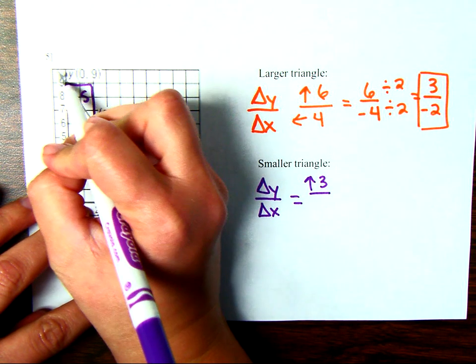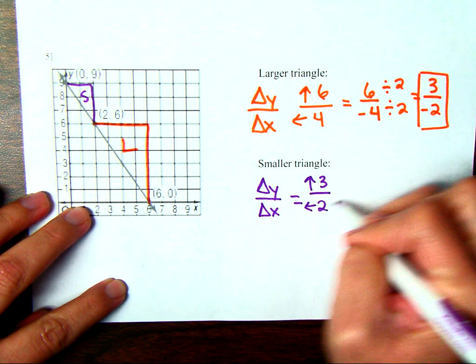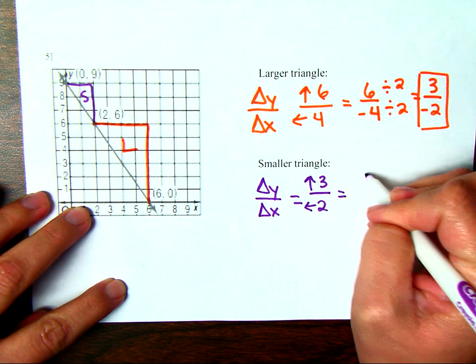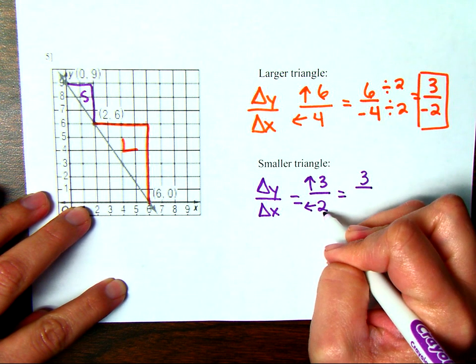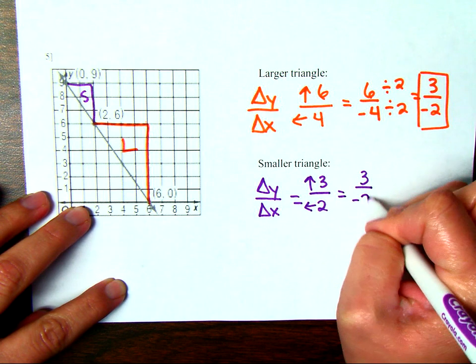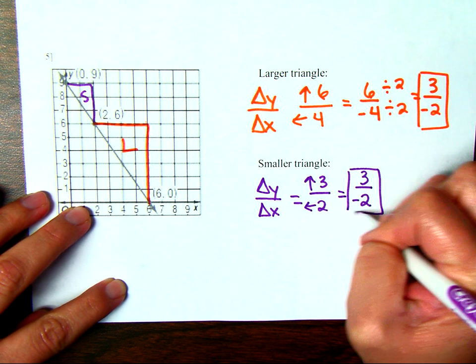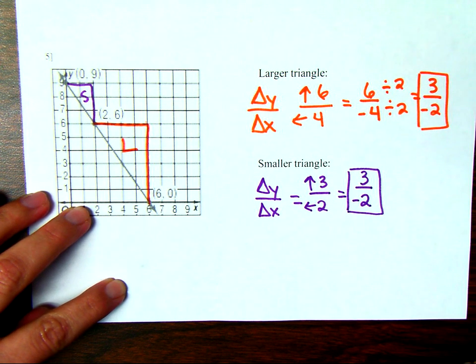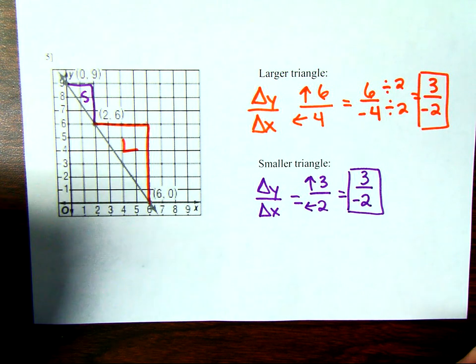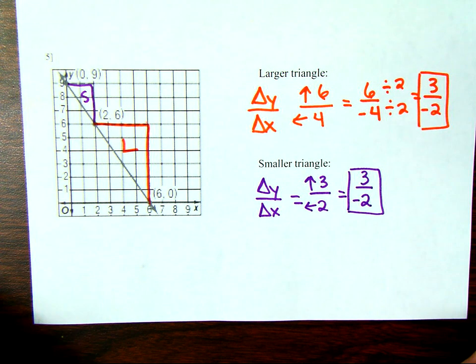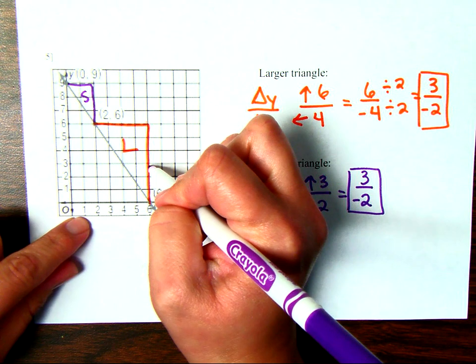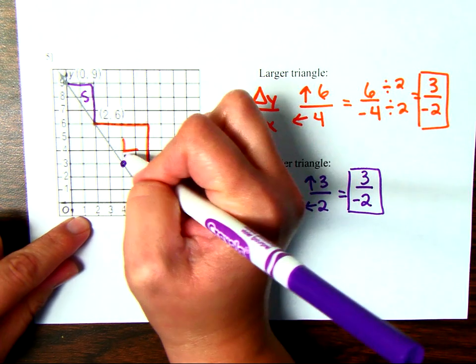So going up is a positive 3. Going to the left horizontally is a negative 2. And sure enough, we have the same slope. So I can go 3 up and 2 to the left every single time. 1, 2, 3, 1, 2. And I get every ordered pair that's going to be on this graph.